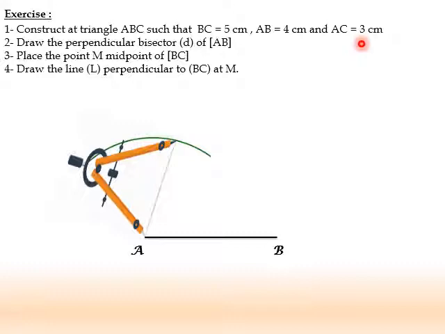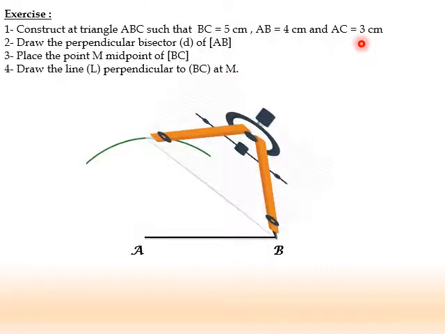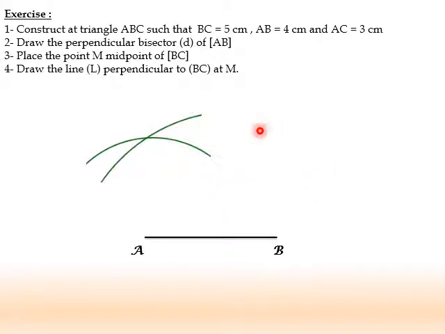Now I'll put the compass at B with a radius of 5 centimeters and draw another arc. The intersection of these two arcs is the point C.